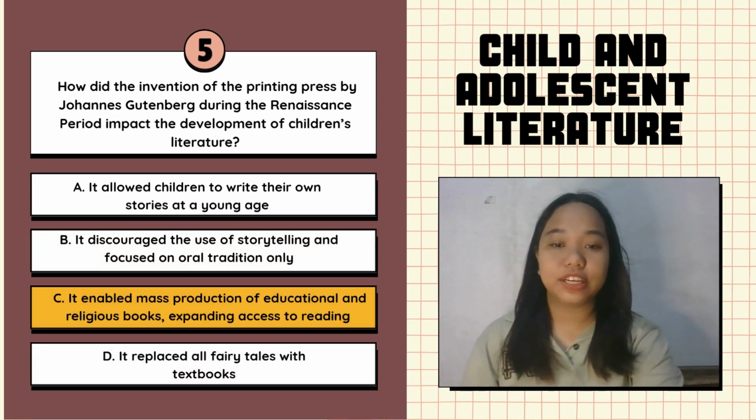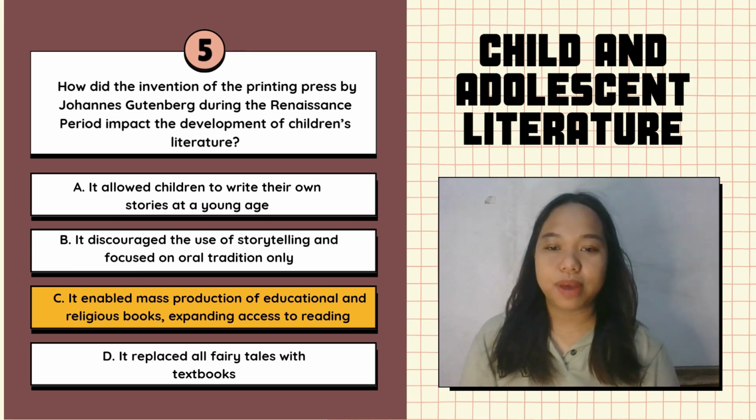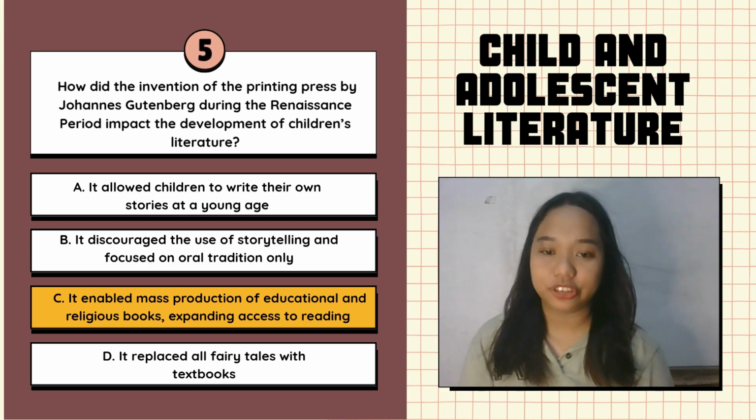The correct answer for number 5 is letter C. Mass production expanded access to reading. Johannes Gutenberg's invention of the printing press in the 15th century revolutionized the availability of books. For the first time, texts could be mass produced, lowering costs and making reading materials more accessible to the public, including children.